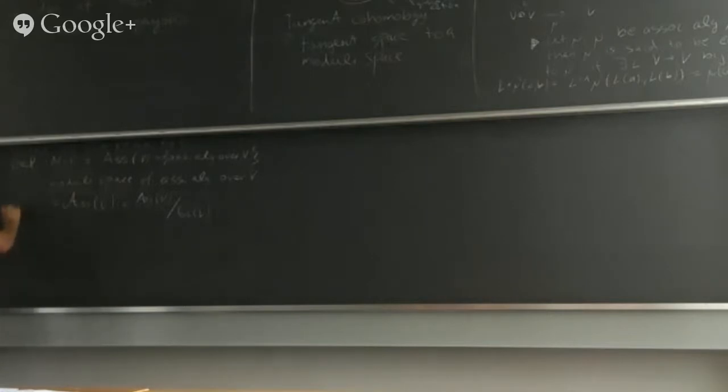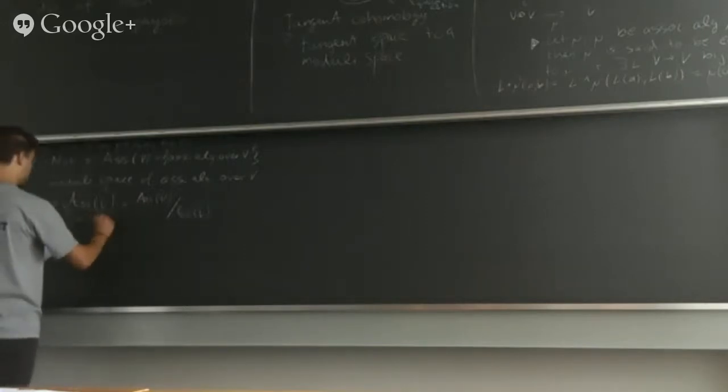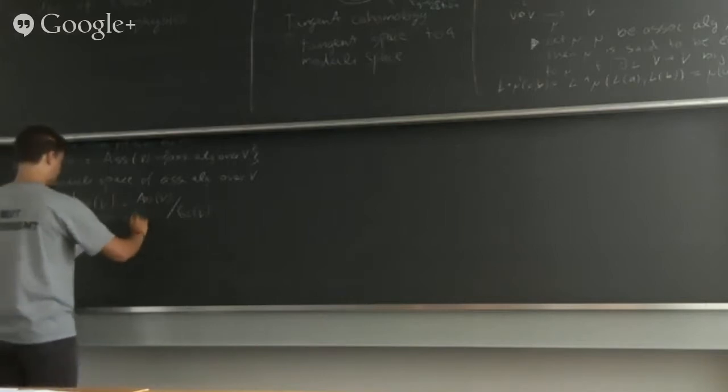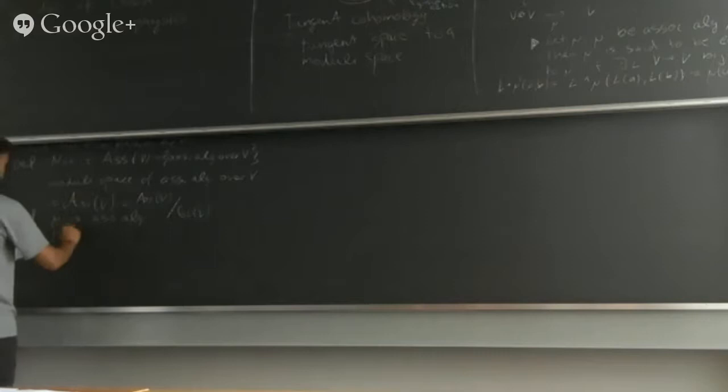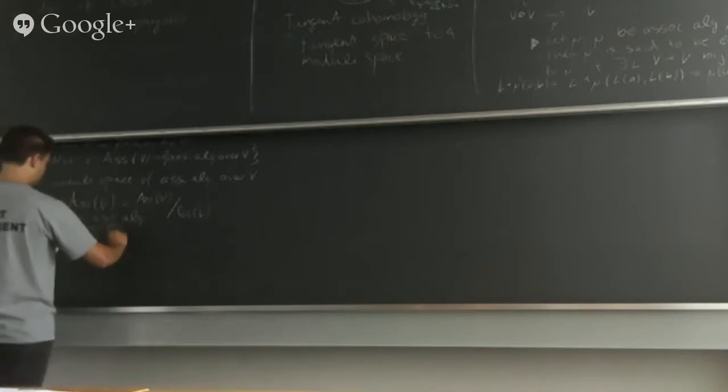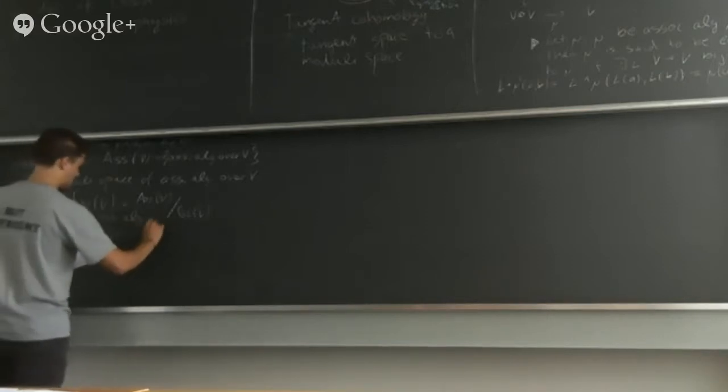Now to other definitions. Once again, mu is an associative algebra, and mu1 is in C2 of mu.